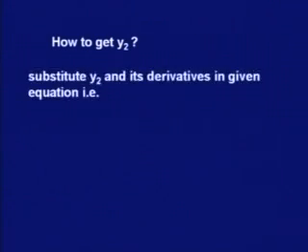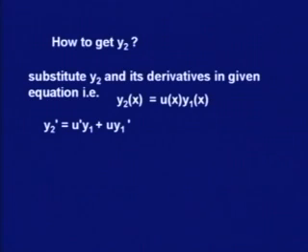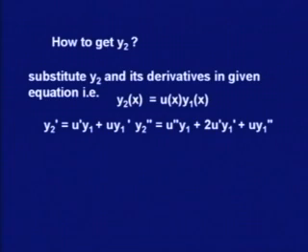What we do is, we simply put y2 and its derivatives in the given equation. That is, y2 which we have is u(x) times y1(x), and y2' = u' y1 + u y1', y2'' = u'' y1 + 2u' y1' + u y1''.